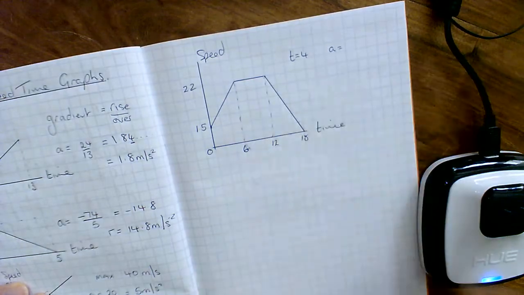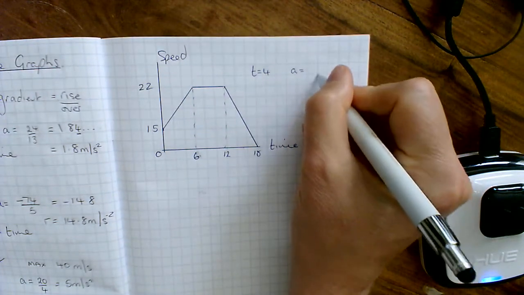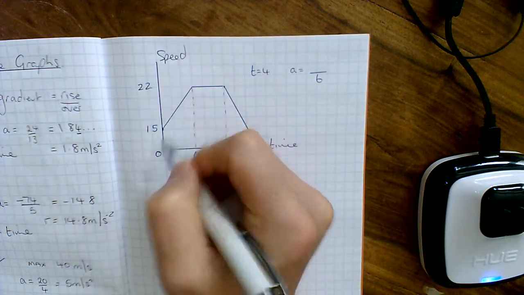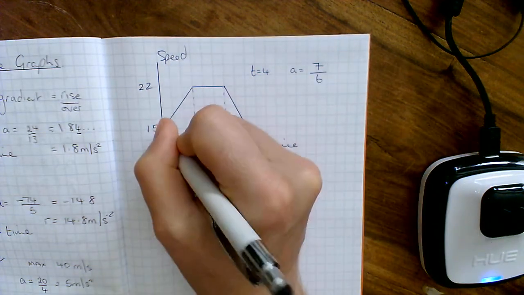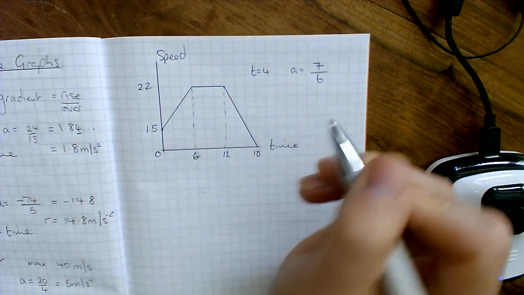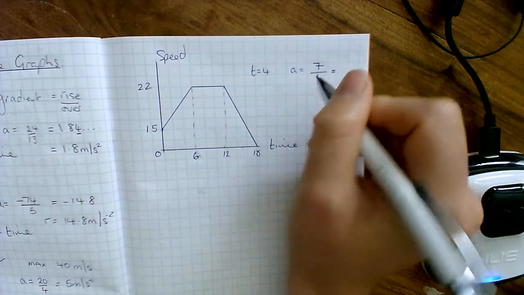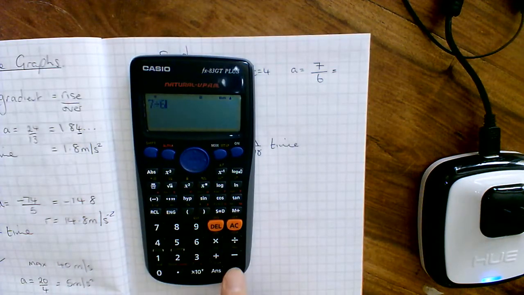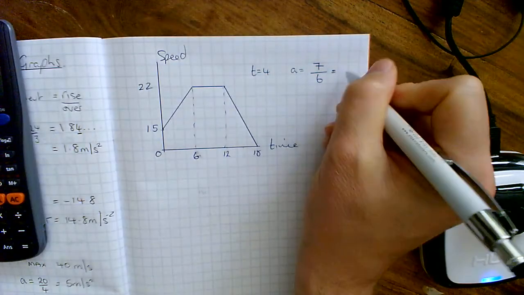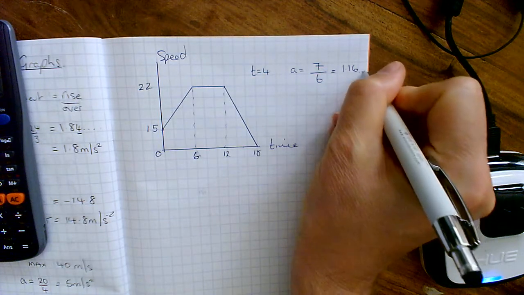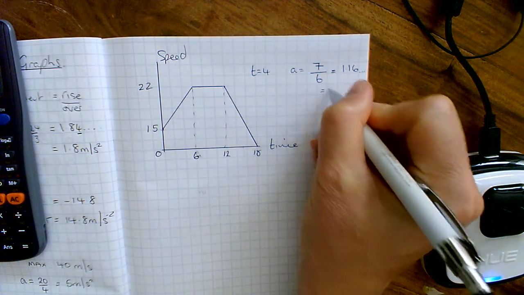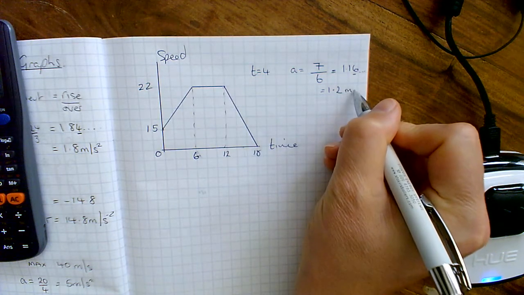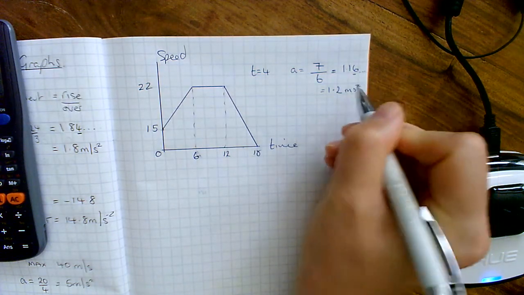Acceleration equals something over 6, and I go up 7, don't I? So it's a rise of 7, from 15 to 22 is a rise of 7. And I'm going to one decimal place. So grab your calculator, just do 7 divided by 6, you get 1.16. That'll round to one decimal place as 1.2, because the 6 is 5 or more, so 1.2 meters per second squared.